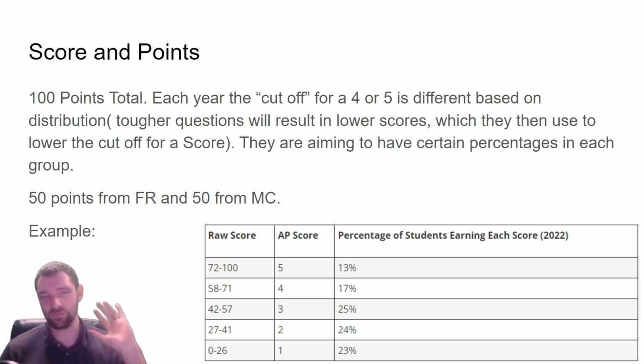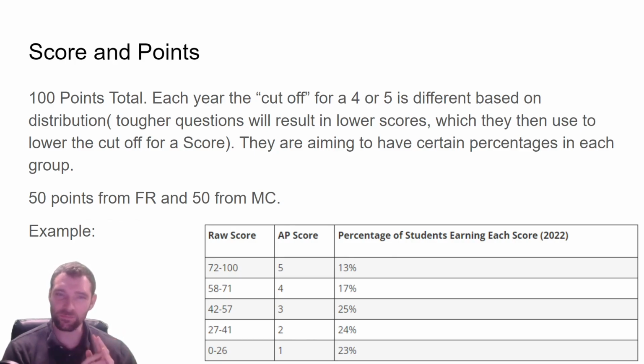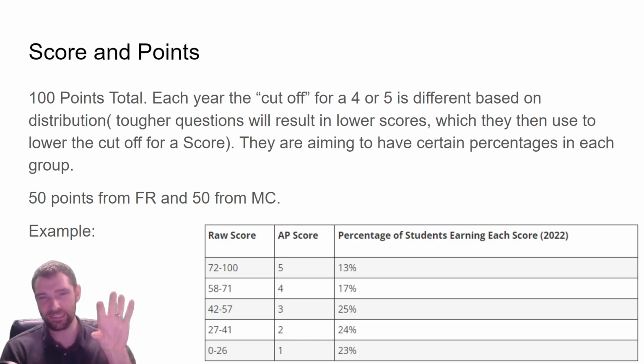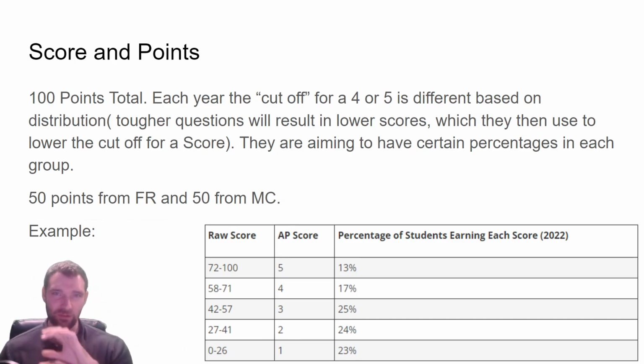And there are 50 points from the free response section and 50 points from the multiple choice section. I think the number of questions in multiple choice has changed slightly. There are 60 questions now in multiple choice, but those are worth 50 points. So they take a portion of that and figure out how many out of 60 that is and what that would be equivalent to if it was out of 50, and then combine that with the free response questions.